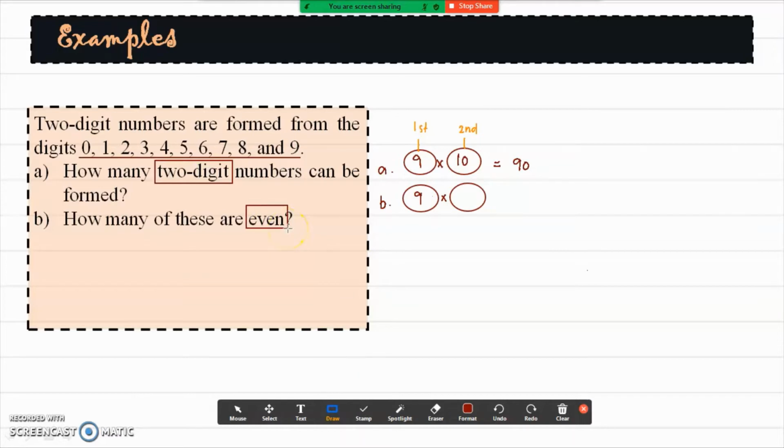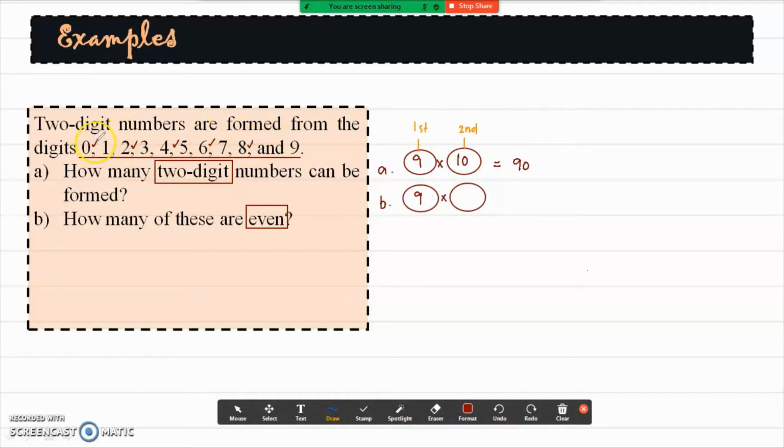Even numbers are numbers that are divisible by 2, or simply put, numbers that end with 0, 2, 4, 6, and 8.